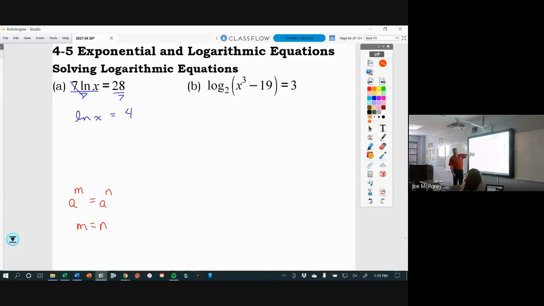E. Because natural log is base E, I'll put an E right here and an E right here. So I made natural log of x and 4 both exponents. That cancels, and I get x is equal to e to the 4th power.